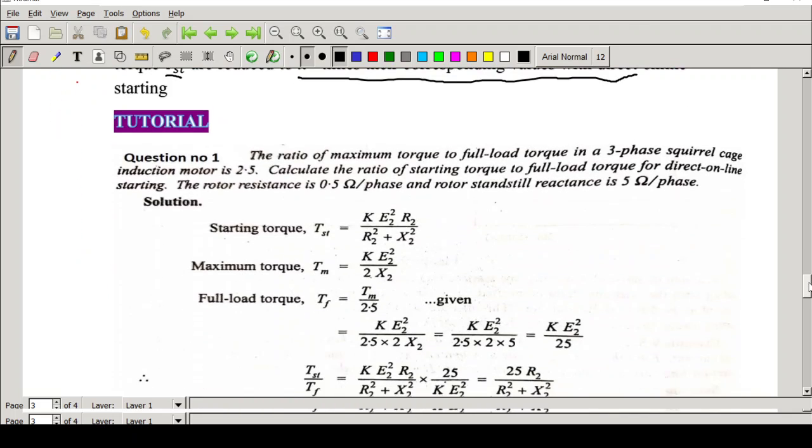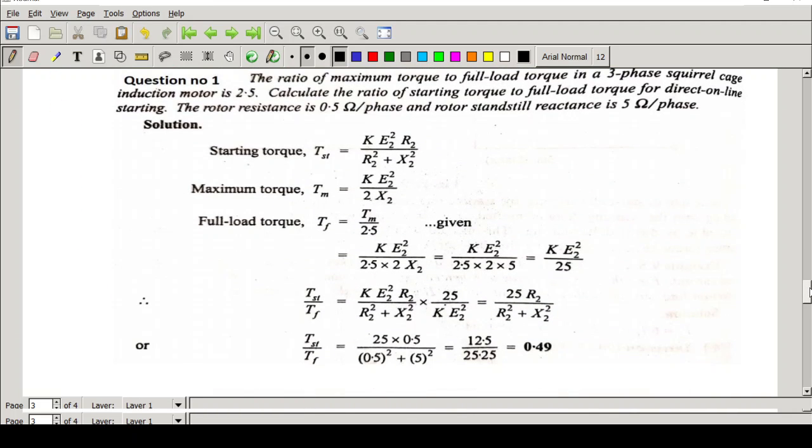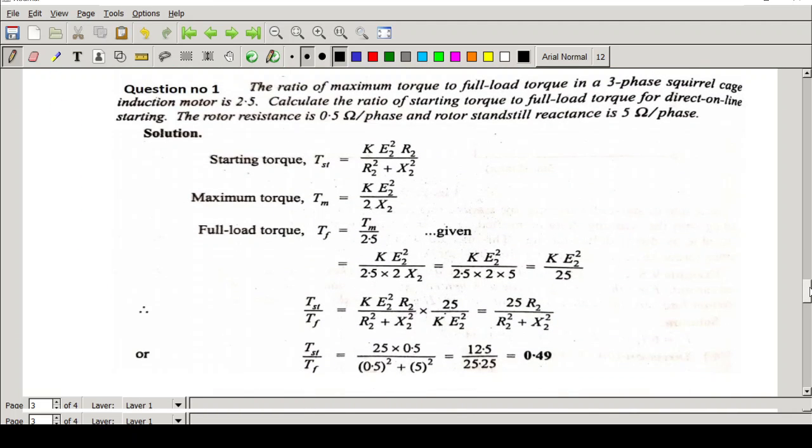Now we will try to work out a problem to get a better understanding of this. Okay, so these equations you have to keep in mind, whatever equations, that is equation for starting torque, equation for maximum torque, full load torque, everything.